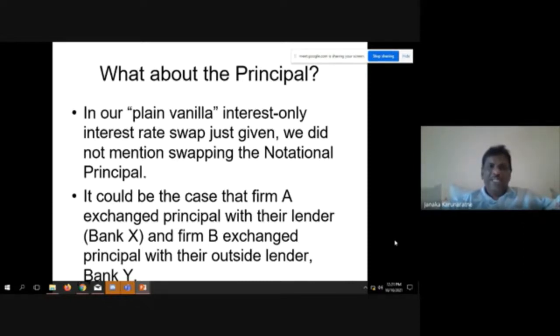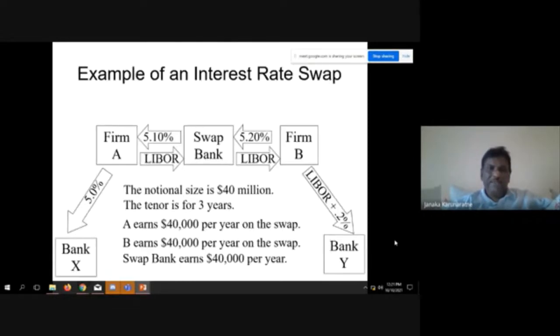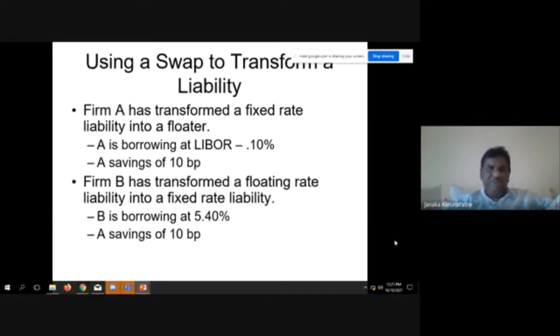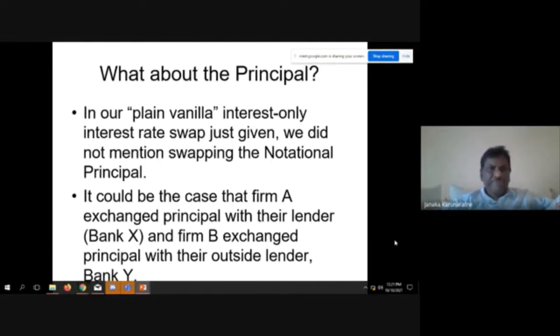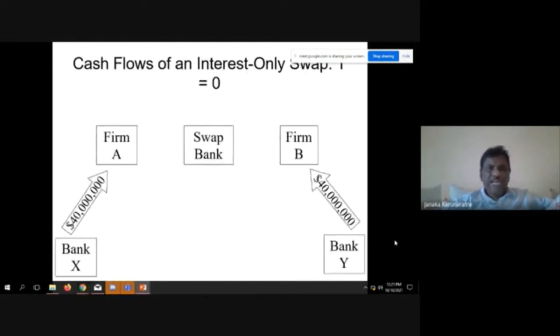It could be the case that firm A exchanges principal with their lender, Bank X, and firm B exchanges principal with the outside lender, Bank Y. So there is no exchange between firm A and firm B. So simply they entered into a swap through a swap bank. So that is the benefit of the interest rate swap. So let's look at the cash flows.